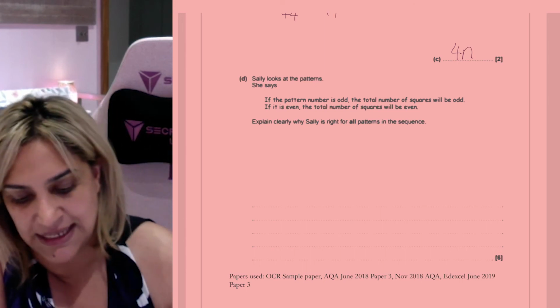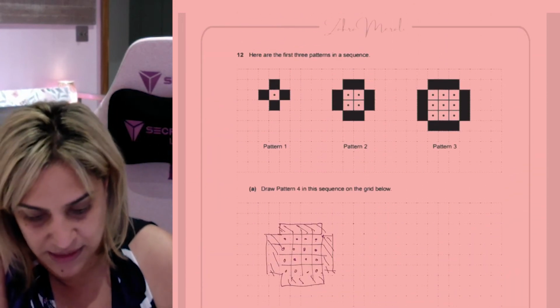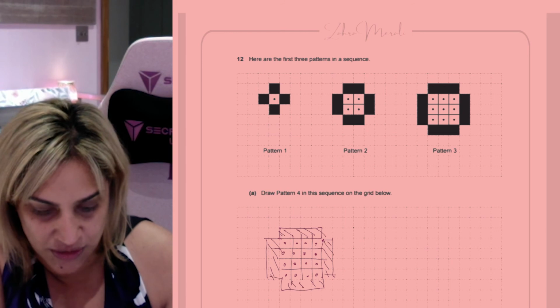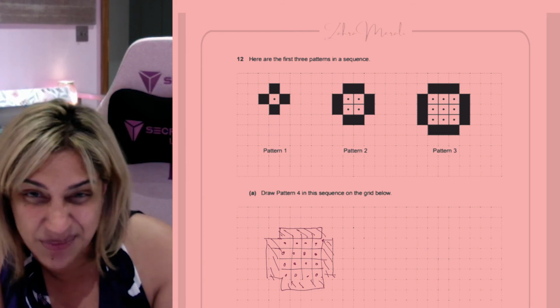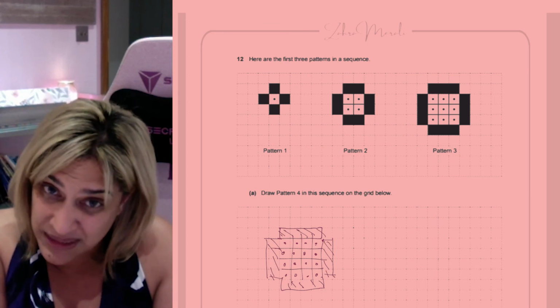Sally looks at the patterns. She says, if the pattern is odd, the total number of squares is odd. If it is even, the total number of squares is even. And explain why she is right. Well, if it's odd, then you're going to get an odd number times an odd number.